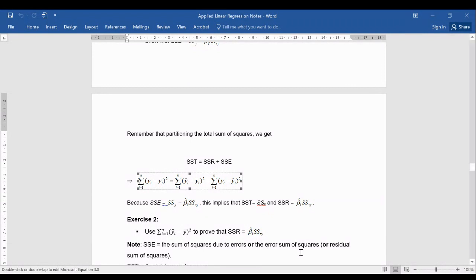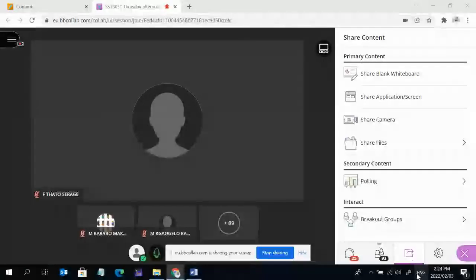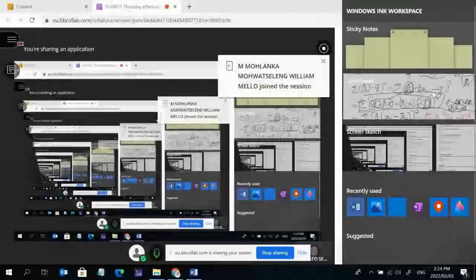So let me just write it down on the whiteboard so that you can follow. I want you to go and try this. Summation of yi minus y bar squared.